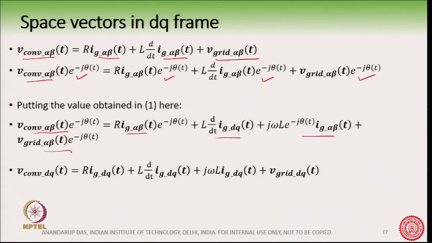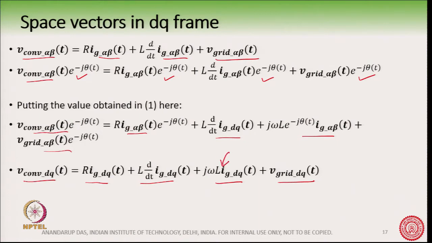I am not doing this exact mathematics here, but on further simplification you will get V conv dq is R I g dq plus L d/dt I g dq plus V grid dq plus j omega L I g dq.